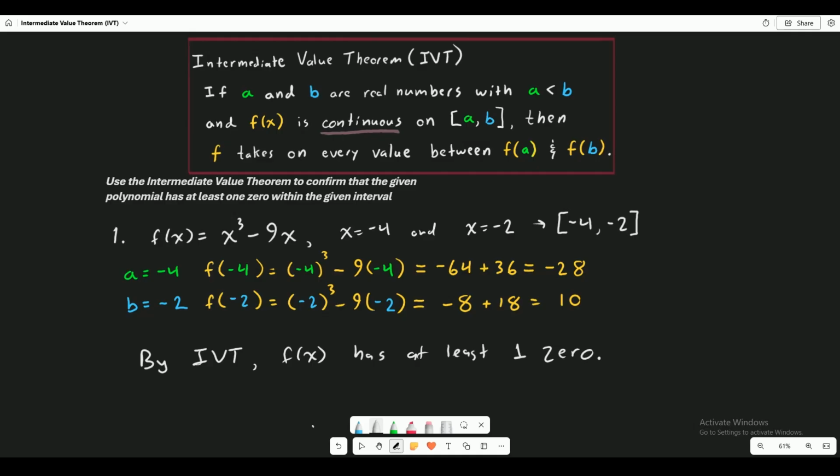Okay, I forgot to state it earlier. Like I mentioned, we have to state f of x is a polynomial and therefore continuous.